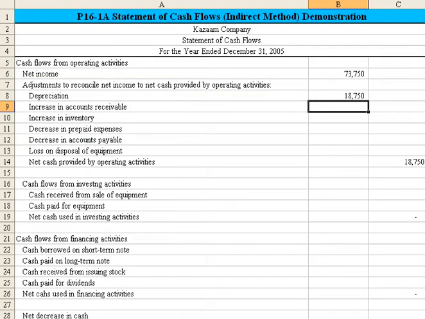So we know that's an increase in accounts receivable. And if we're starting with net income and working to net cash provided by operations, then that means we've had an increase in AR, and an increase in AR means that more cash is tied up in accounts receivable, so we need to back that off.